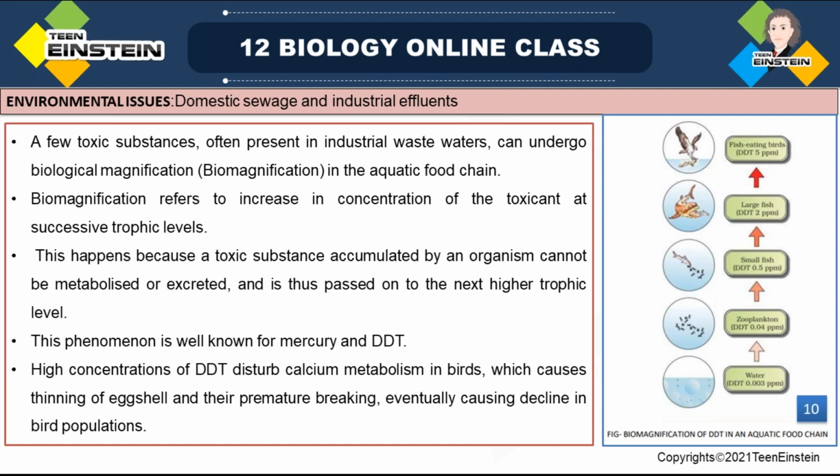So what is biomagnification? That means an increase in the concentration of a toxic substance at each trophic level. Okay. Why is it happening? This is due to toxic substances accumulating in each trophic level, because the organisms are utilizing that toxic substance.